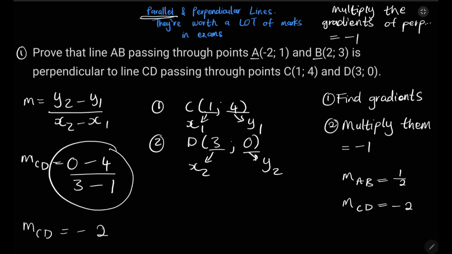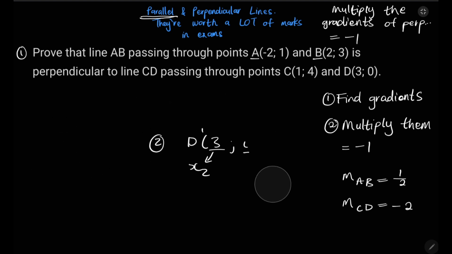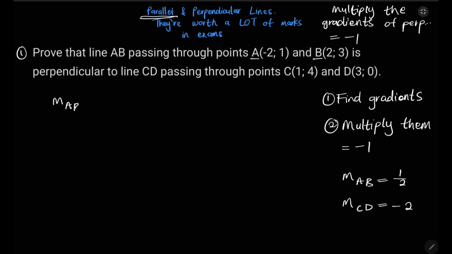So remember that we have to multiply our two gradients, and hopefully we get negative 1 so that we can prove this. The work that I did calculating the gradients has to be featured in your classwork book or your exams. So this is the gradient of AB times the gradient of CD. The gradient of AB is 1 over 2 times the gradient of CD, which is negative 2.